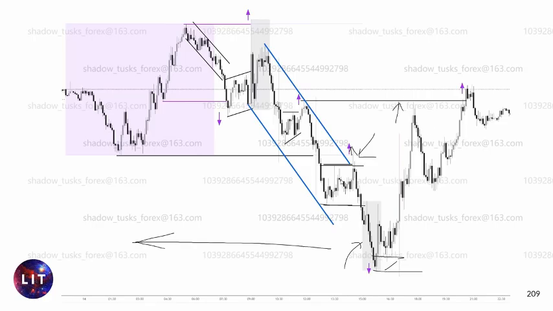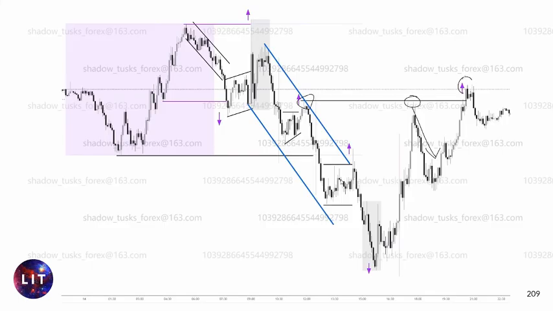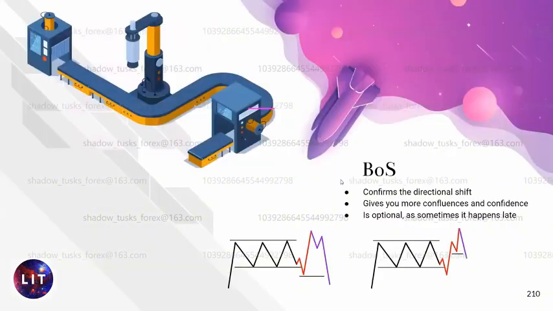Obviously, again, faking the double top, giving the reaction away, inducing high. Yeah, so we understand all of this. So what is next? Your breaks of structure. So let's go into that. Again, this one is optional, as sometimes it happens late.